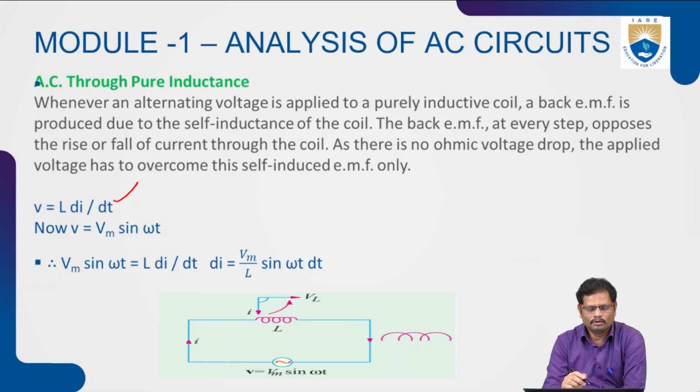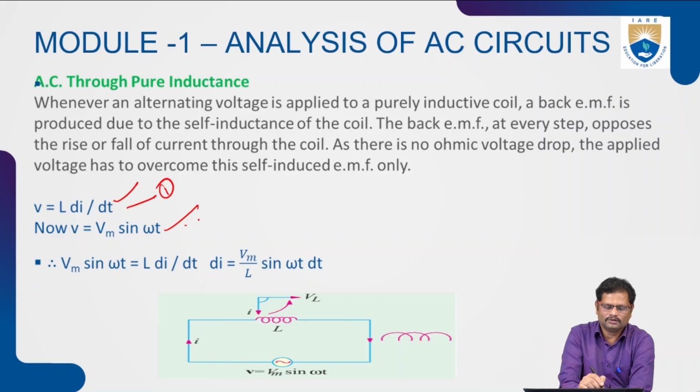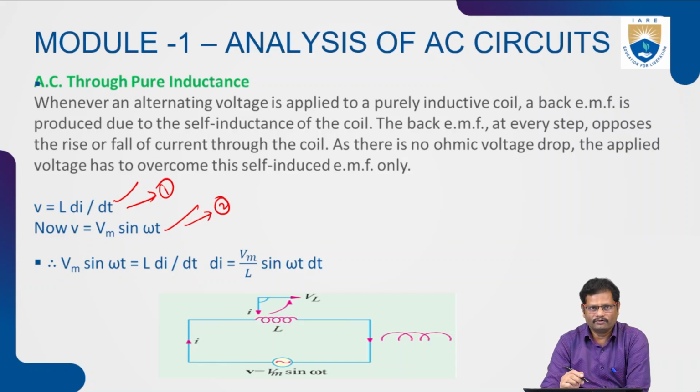So we know V equal to Vm sin omega t, and therefore we apply this V value in the first equation. Let's say equation number 1, equation number 2. So Vm sin omega t equal to L di by dt. From that, di is nothing but Vm by L into sin omega t dt. So this is the symbol for inductance.